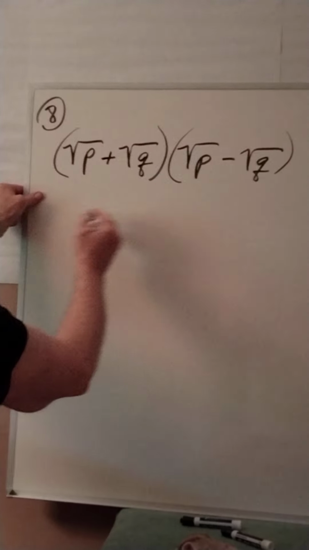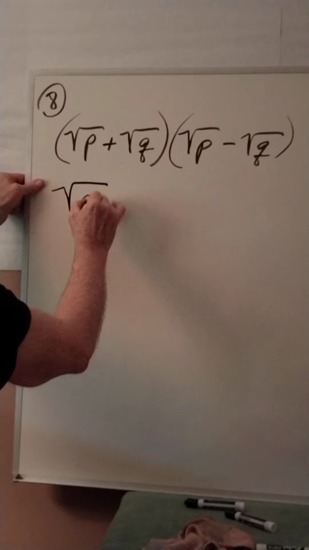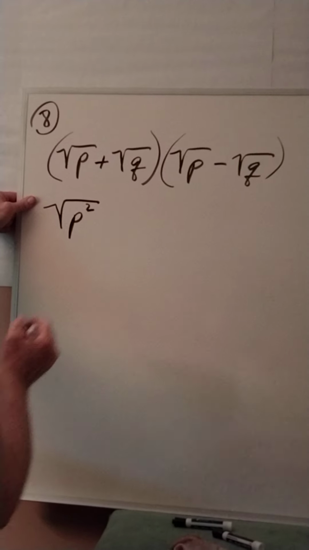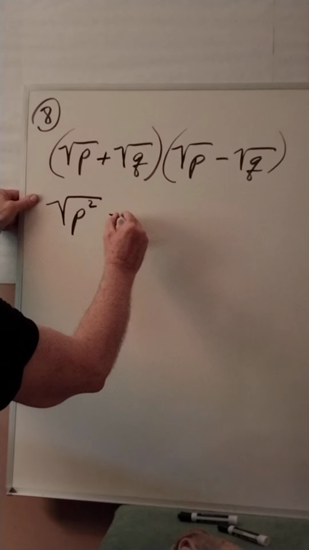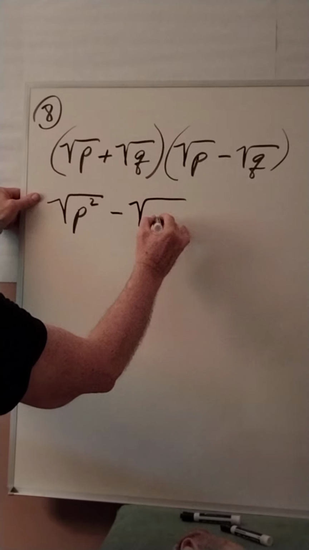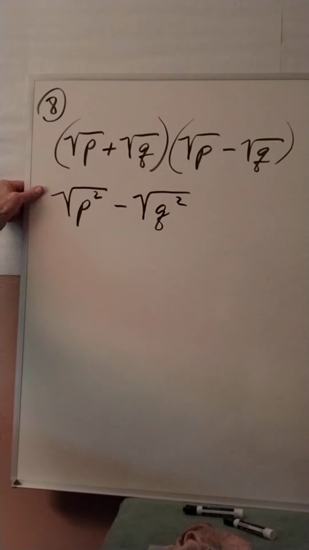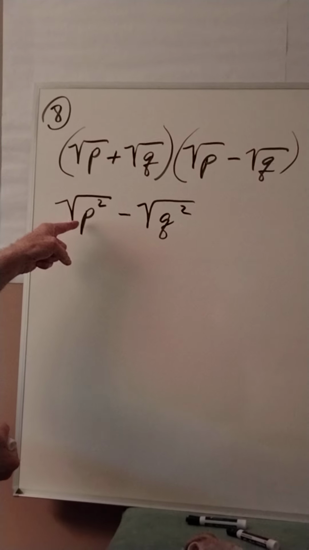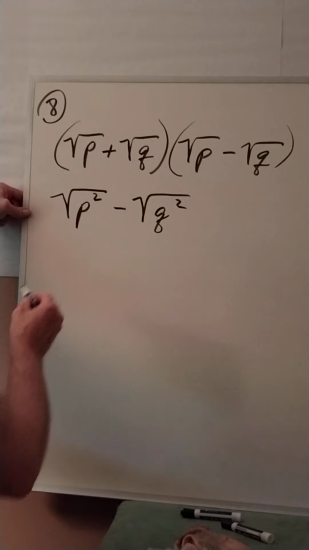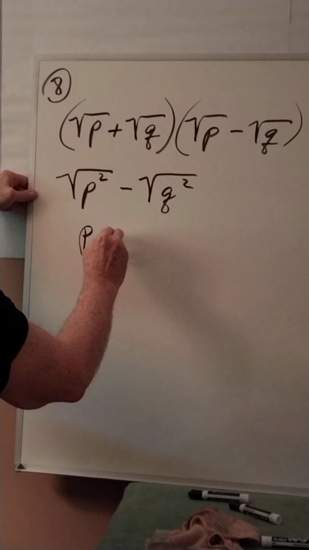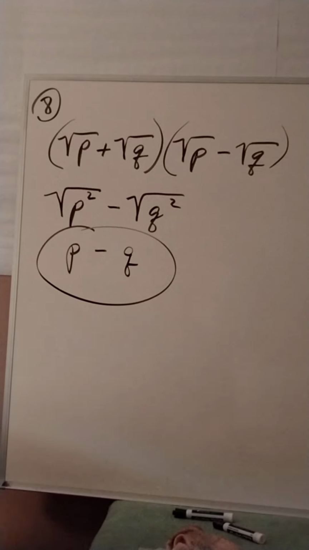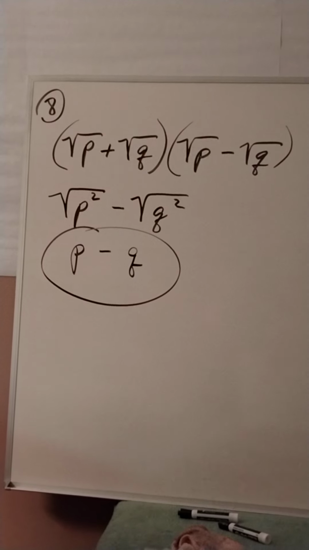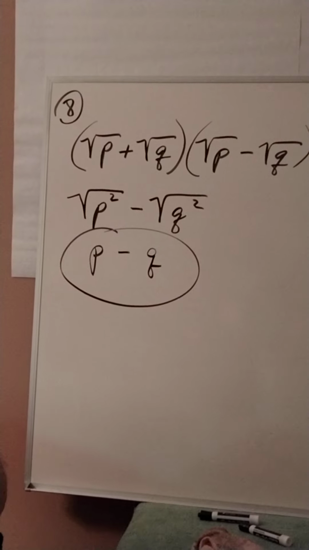The first terms, radical of p squared. Last terms, positive times negative, negative radical of q squared. Notice he's coming out of the house, and he's coming out of the house, and we'll simply have p minus q. No radical in the answer. Represents real numbers.